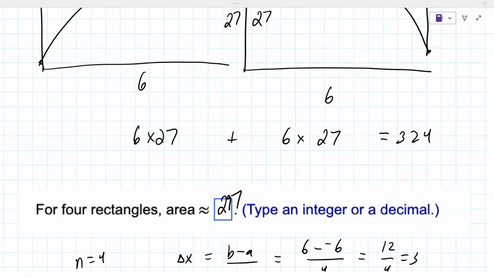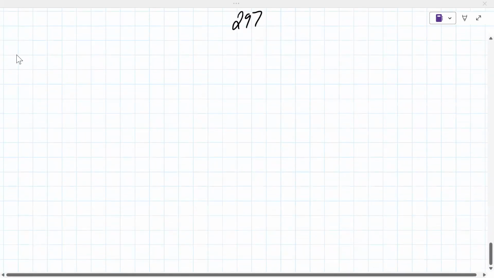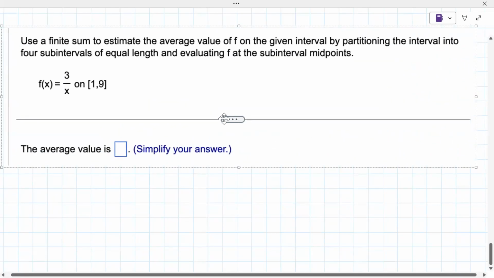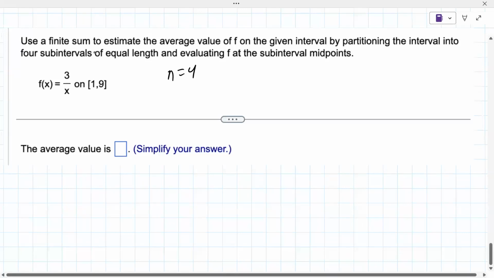All right, let's move on to 4. This one's similar to the one we just did, but I have one question about this average value. It says to use a finite sum to estimate the average value of f on a given interval by partitioning the interval into 4 subintervals. So that's n equals 4, and a is 1, b is 9.